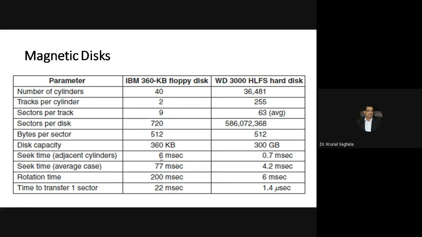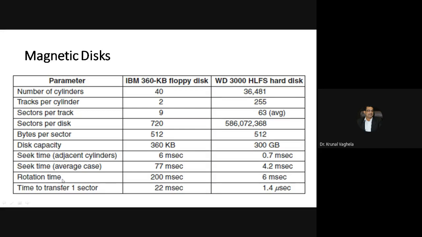Now you know what is seek time, the time required for arm positioning. Here it is only 0.7 millisecond. Seek time in the average case means if the cylinders are adjacent, it's very nearby, but if the cylinders are away, then in this case it's 77 milliseconds, here 4.2 milliseconds for one seek.